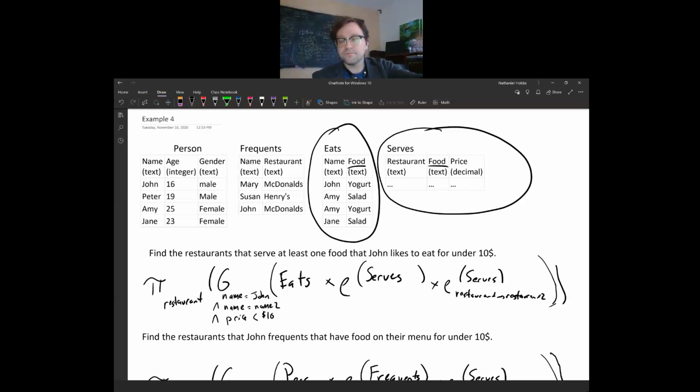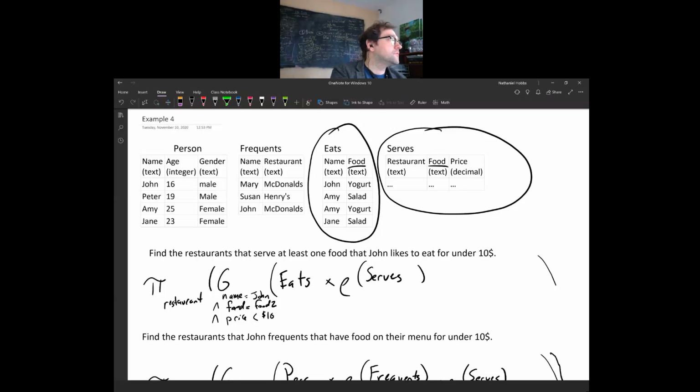So you just need name equals John, food equals food 2, price is under 10, so you don't need this anymore. Is that it? John, food that he eats and foods they serve are the same, and the price is under $10. Return the restaurant. Yeah, this. Oh, sorry, this is renaming food to food 2.